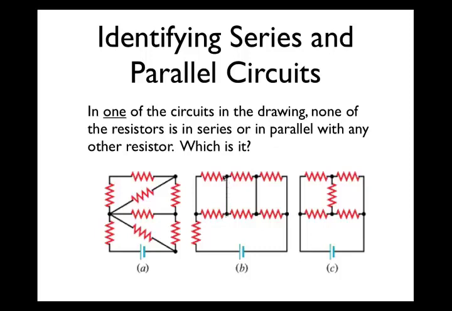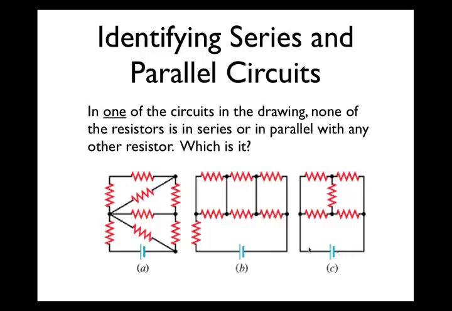Because conducting wires are considered to have no resistance and therefore no potential difference across them, the potential difference across these two resistors has to match. The same is true for the next two pairs. So the middle one actually has 3 pairs of parallel resistors within it.